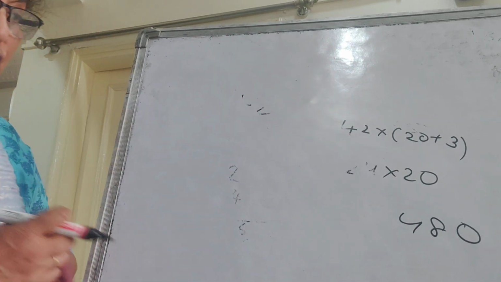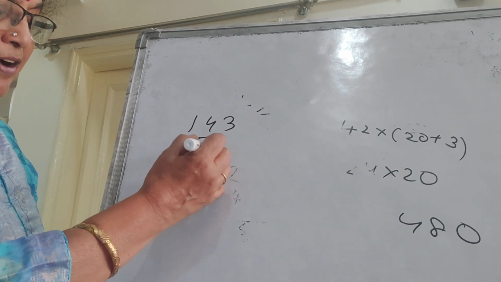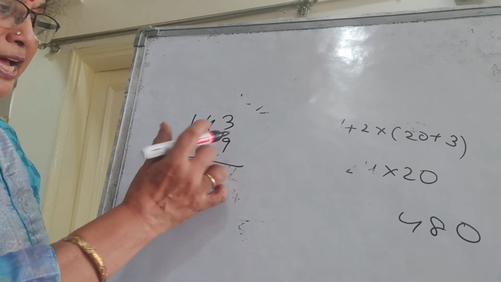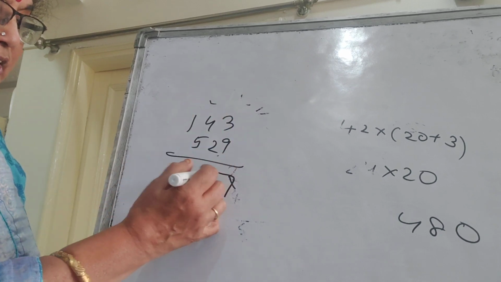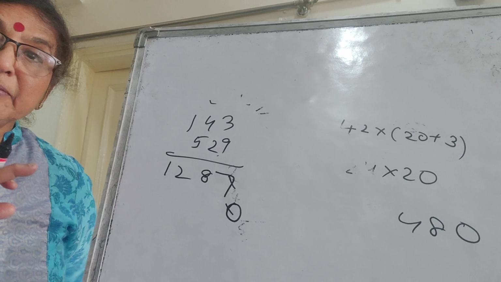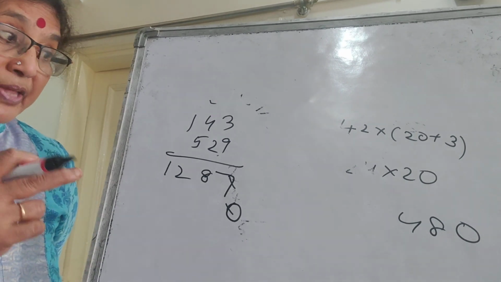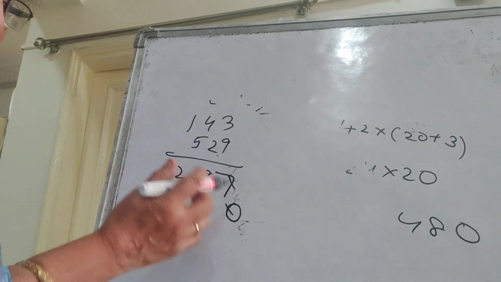So, similarly, when you are doing 143 into say 529, suppose, and you're writing 9 3s are 27, 2, 36, 38, 1, 2. Then putting a cross, so put a 0. That means now you're doing 9 times plus 20 times and then 500 times. So 9 times is a single unit.